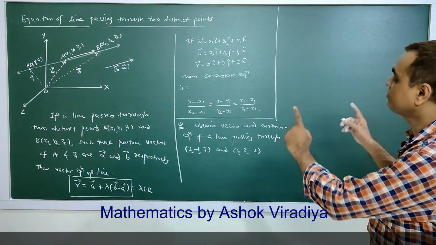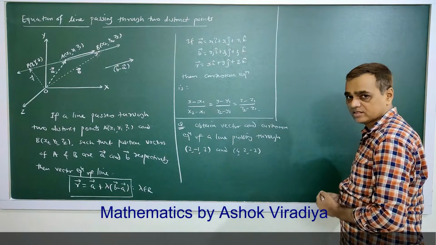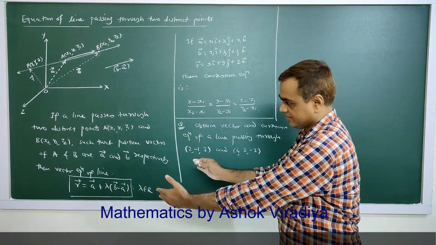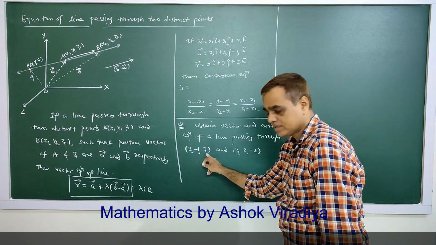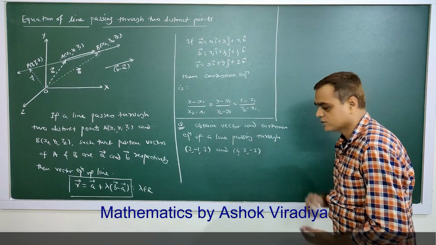We want the equation of the line passing through two distinct points. So applying this theory, this is x1, y1, z1 and this is x2, y2, z2.